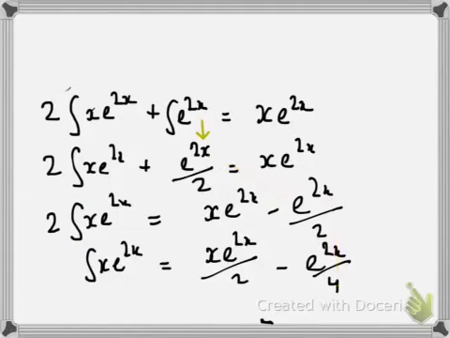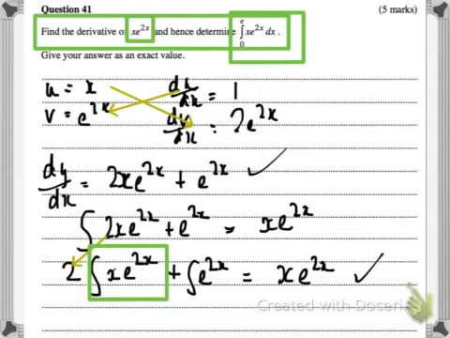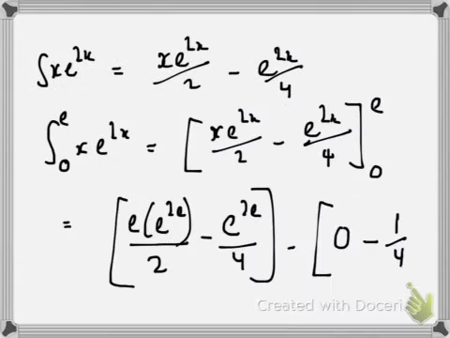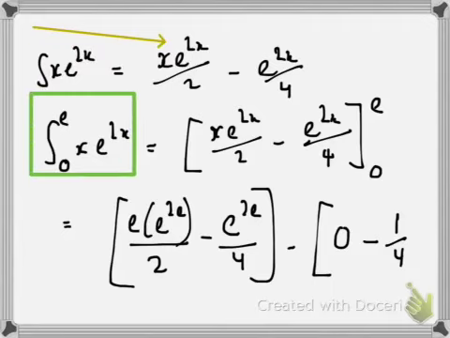Alright, so I've now got my integral, but remember that the different ones we did in class, we're actually going to find a definite integral here. Not just finding the target, but finding some values associated with it. So now I know my integral is that there. I'm now answering the question, which is to find the definite integral from 0 to e of that.